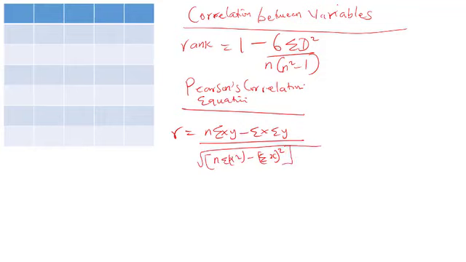You close your major bracket with n summation of y square minus summation of y all squared. This is the formula for the Pearson's correlation coefficient.